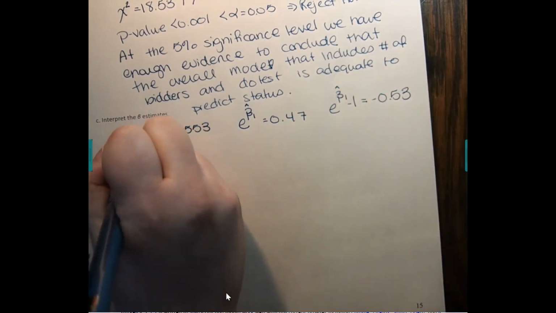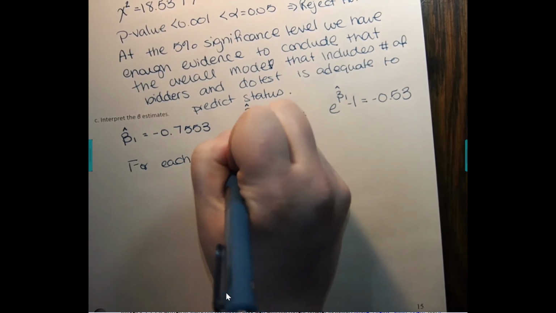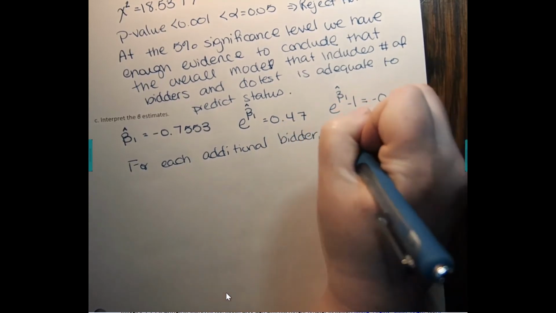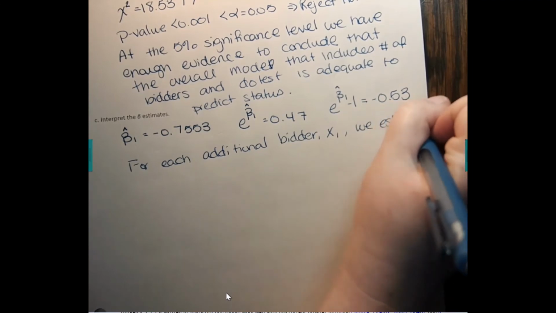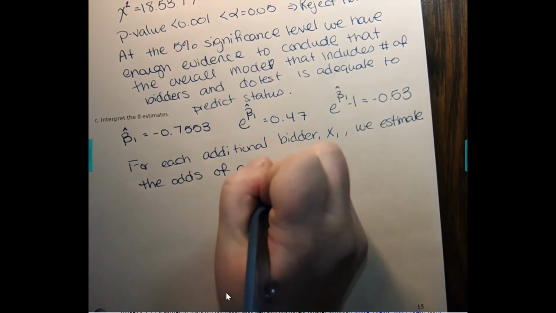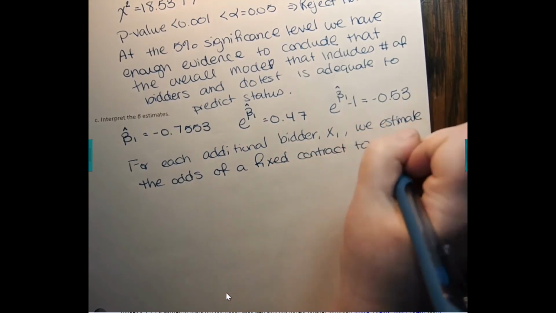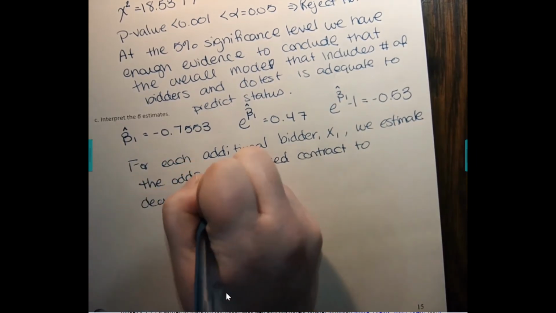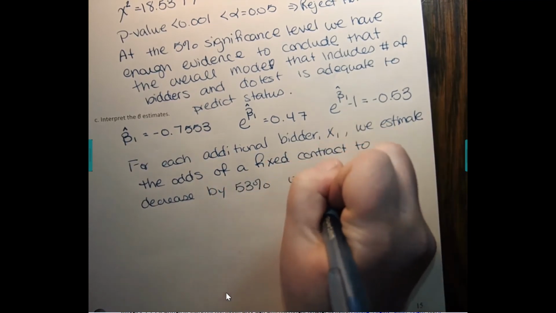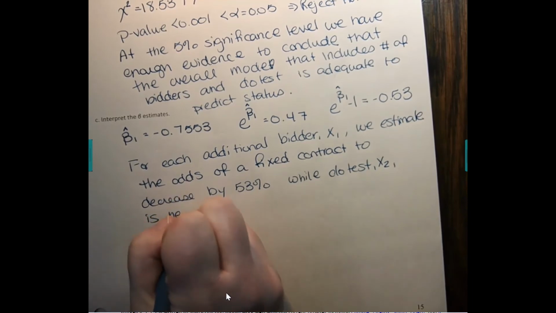What this tells us is that for each additional bidder, we estimate the odds of a fixed contract to decrease by 53%, while DOT estimate, which is x2, is held fixed.